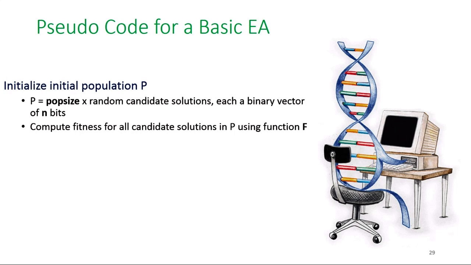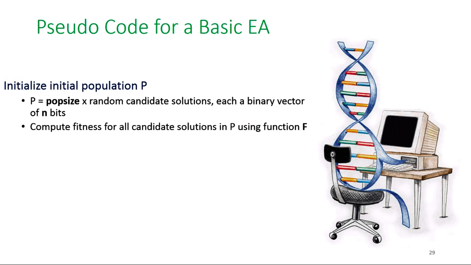So what do we have in this algorithm? Just a quick reminder. The first step is to initialize your initial population. The bio jargon is coming in here, okay? Initialize your initial population of candidate solutions. For the problems we are going to tackle, the one max problem, these are going to be fixed size, random binary vectors.